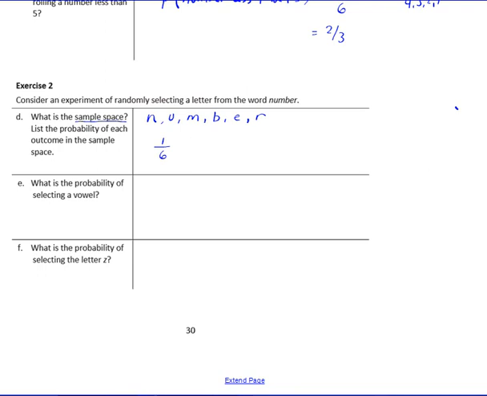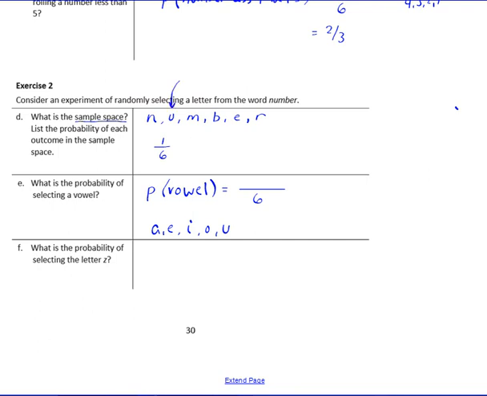Letter E, the probability of selecting a vowel. And remember, the vowels are A, E, I, O, and U. The denominator is the number of possible outcomes in the sample space. There are 6 letters that could be chosen. How many of them are vowels?